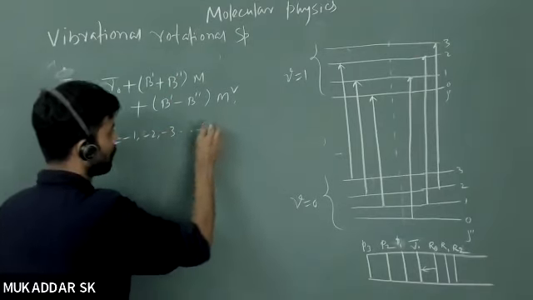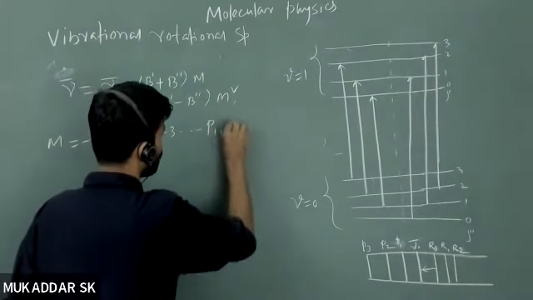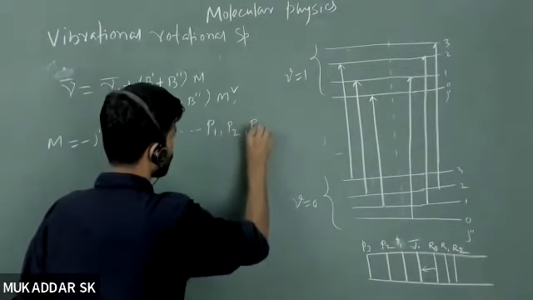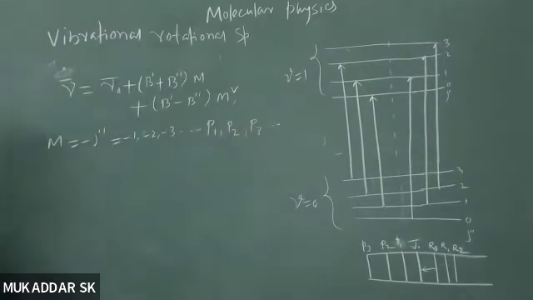So that will give you P on, P2, P3, these lines.